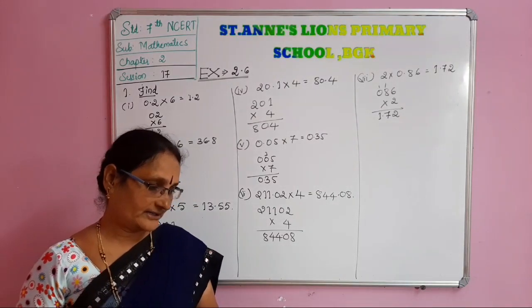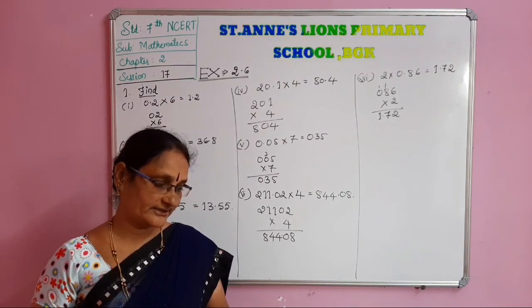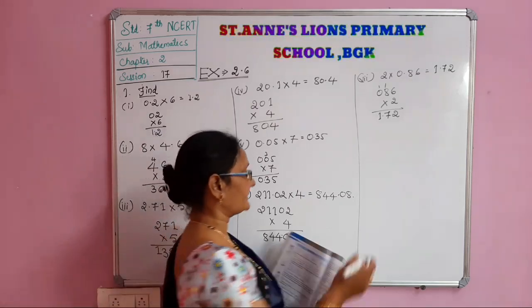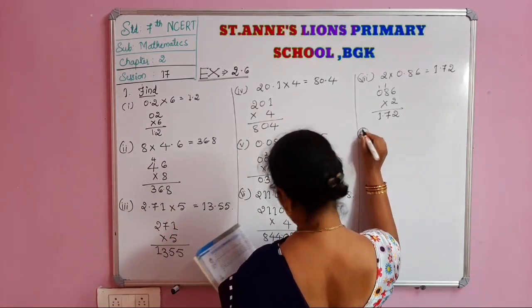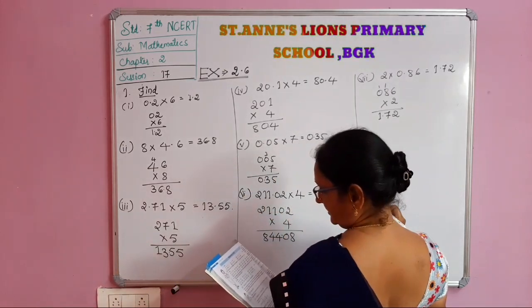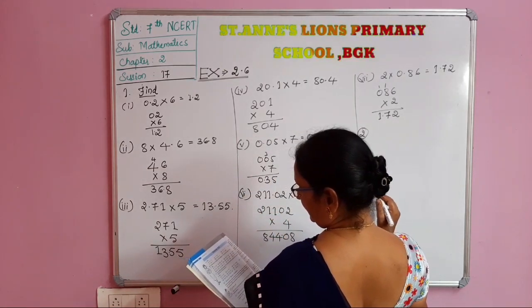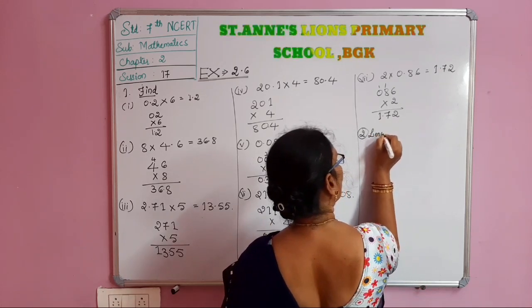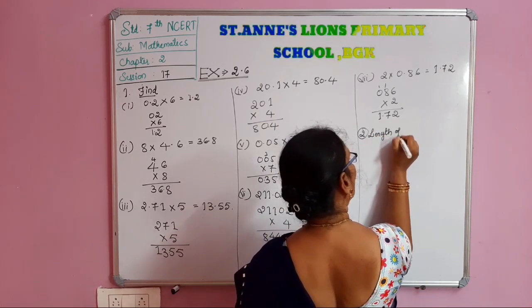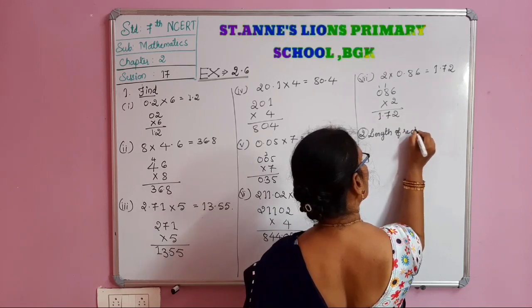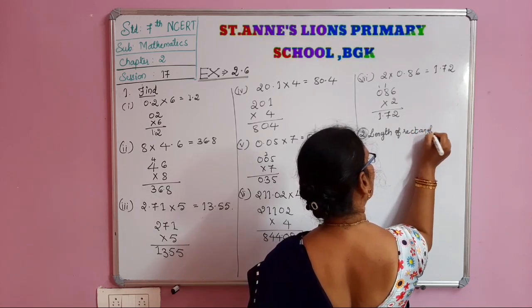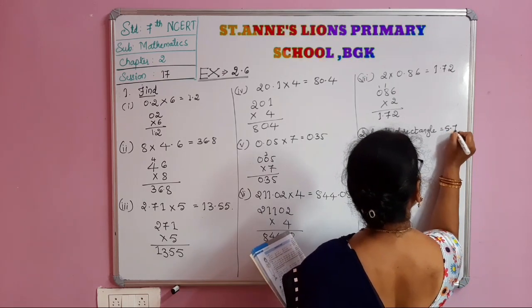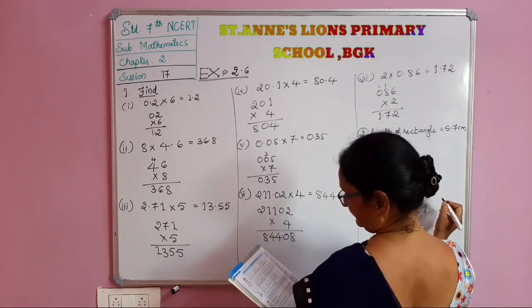Second one, find the area of the rectangle whose length is 5.7 centimeter and breadth is 3 centimeter. What is given? Length of a rectangle is 5.7 centimeter.